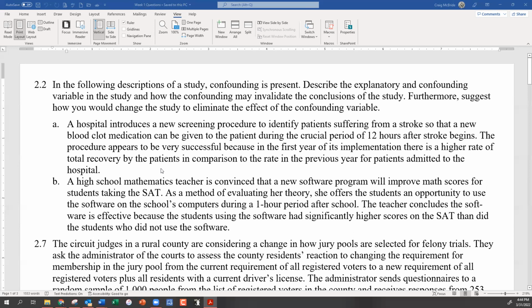Well, no, you're absolutely right. There's nothing in the description that says specifically that the teacher did any kind of pre and post test to control for aptitude. So you could absolutely make a valid argument that the student's predisposed aptitude for math would be a confounding variable.